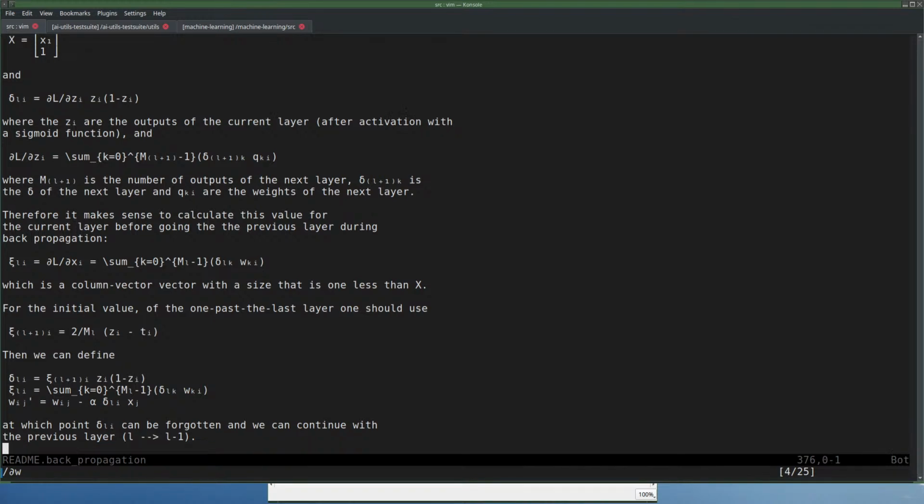I already forgot. Delta is xz. And then we just use delta, and then that gives me the next xi. And here delta is used again. And xi is z minus t, but that's already a derivative of the loss function. I'm using this, basically.